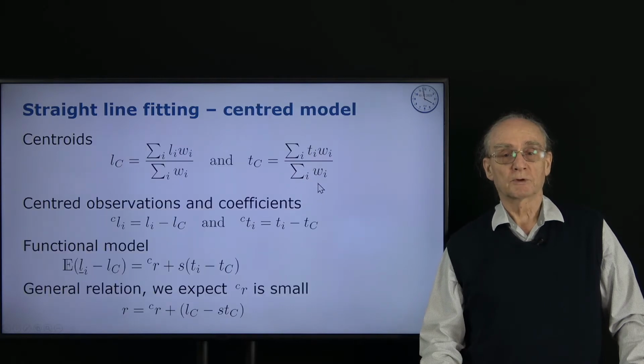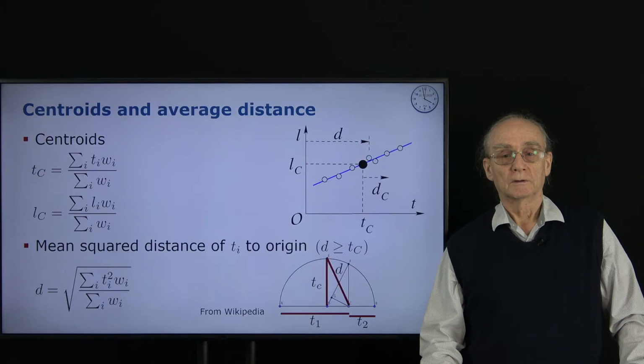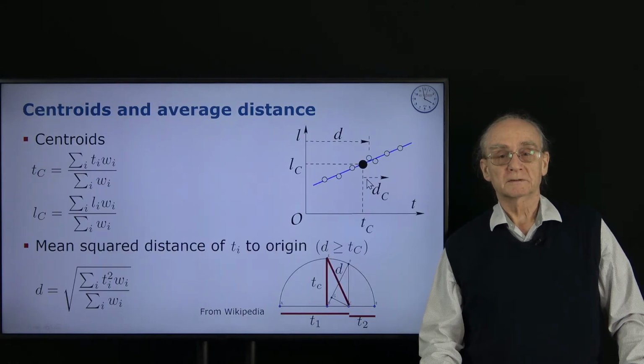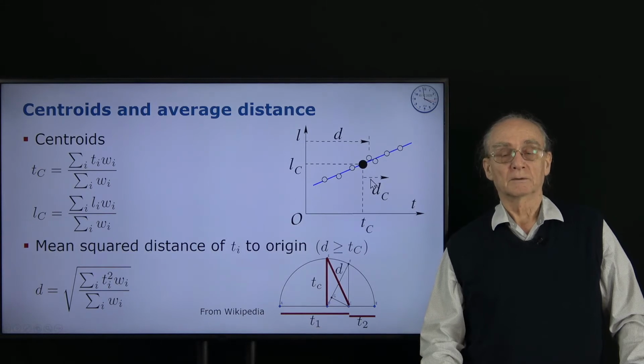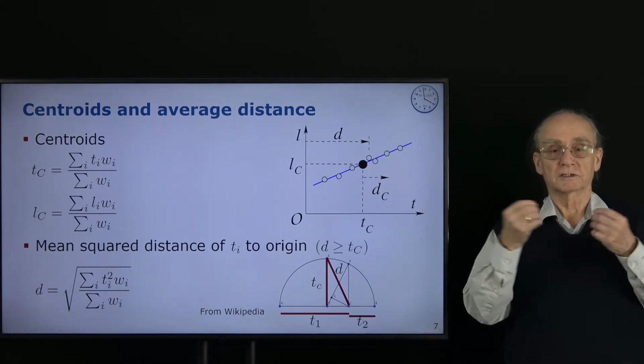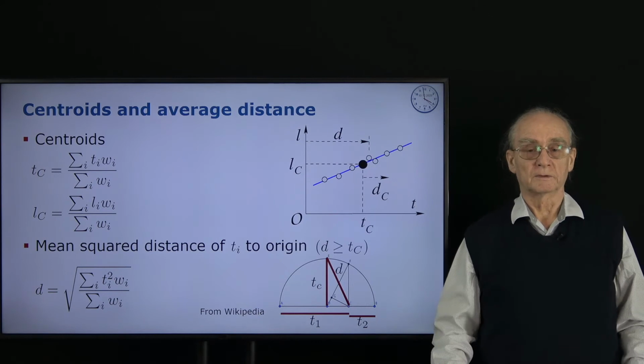So this is proportional to this distance. So let's assume we take the average distance of the t's with respect to the center. We get some deviation, and this is the dc, which we see here, which is, so to say, the standard deviation of the t's with respect to its mean.